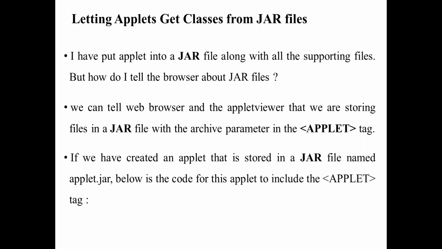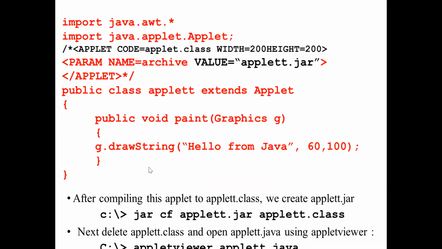If you have created an applet that is stored in a jar file named applet.jar, we write the below code for this applet, including the applet tag. So how is it written? This is the syntax for a jar file containing an applet file.